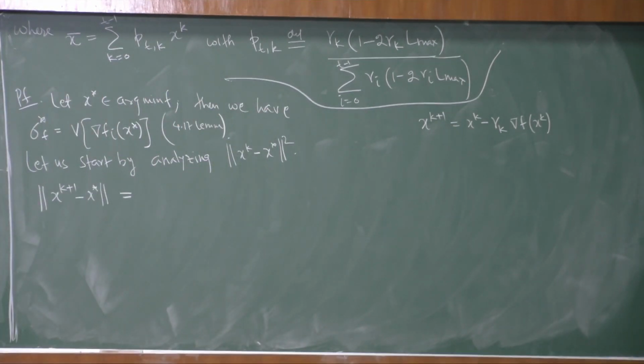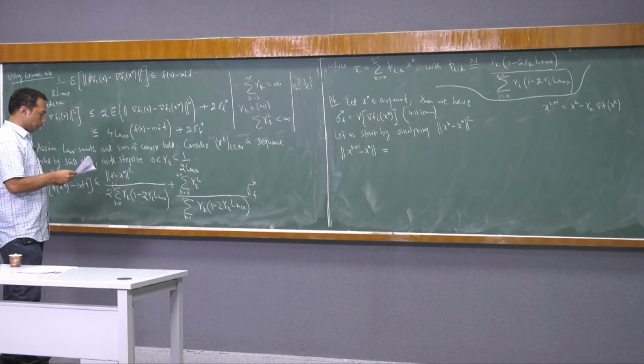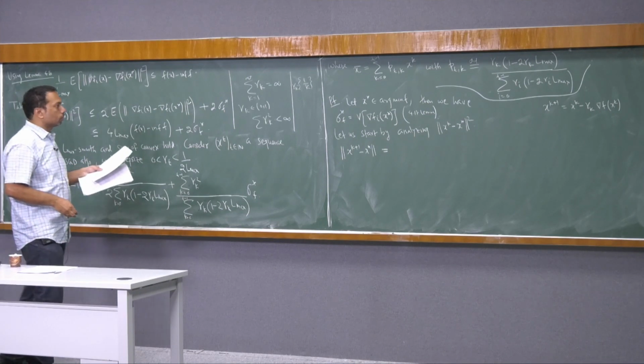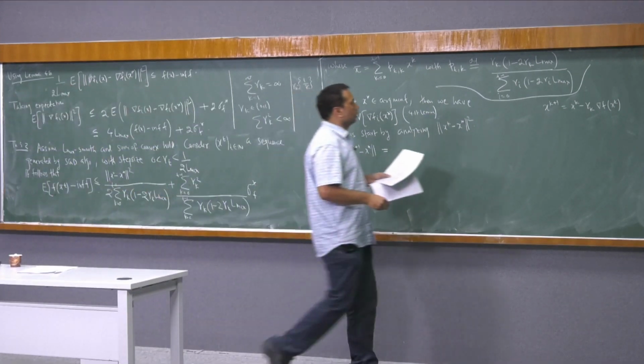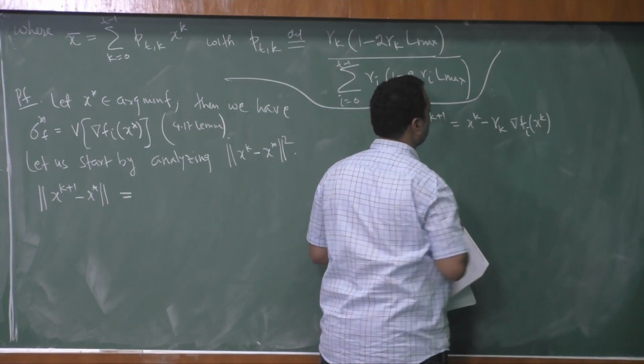We will expand this, put the value of x_{k+1} there, and we will also be picking one of the f_i. I want to make sure the notation is right. Since it's stochastic, we don't take the gradient of all; we take the gradient of one of the i.